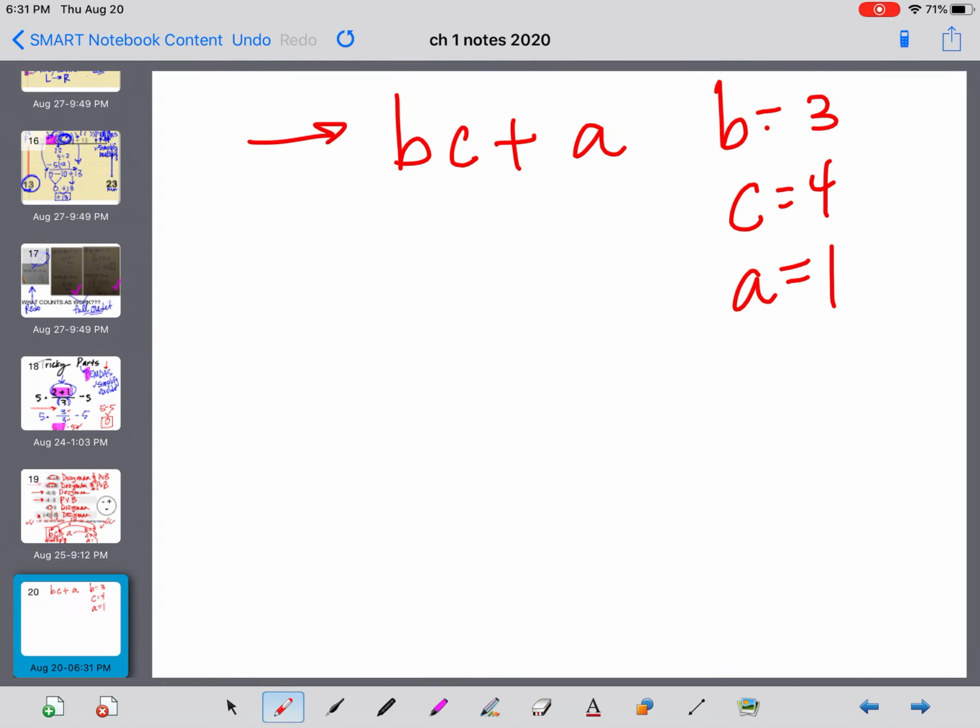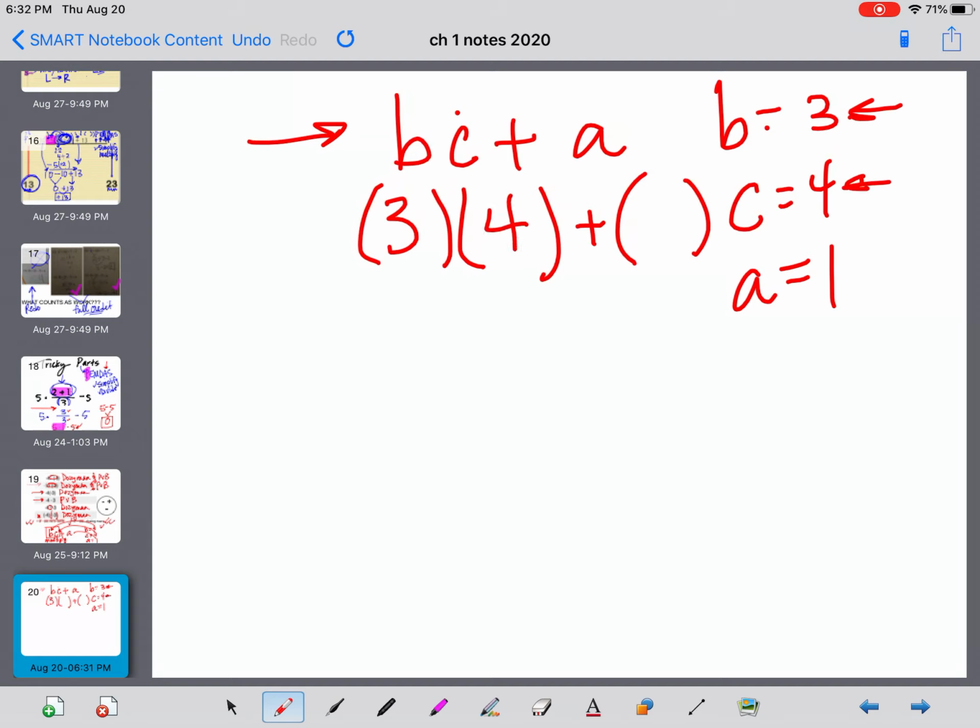So what I like to do when I have a problem like this that I'm doing some substituting in, I like to go through and rewrite the problem, but with all parentheses instead of letters. Then I go back and I take the numbers and put them into the parentheses where they belong. So B was a 3, C was a 4, and A was a 1. And now I have my problem all ready to go.